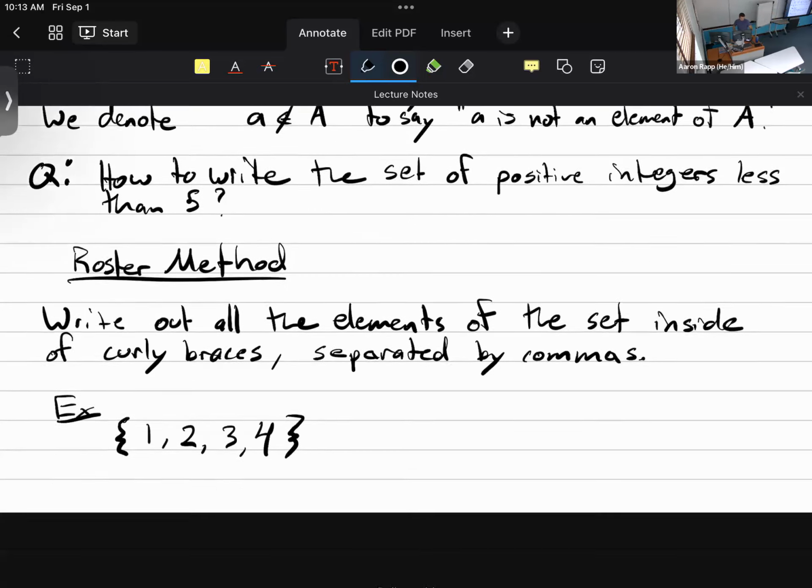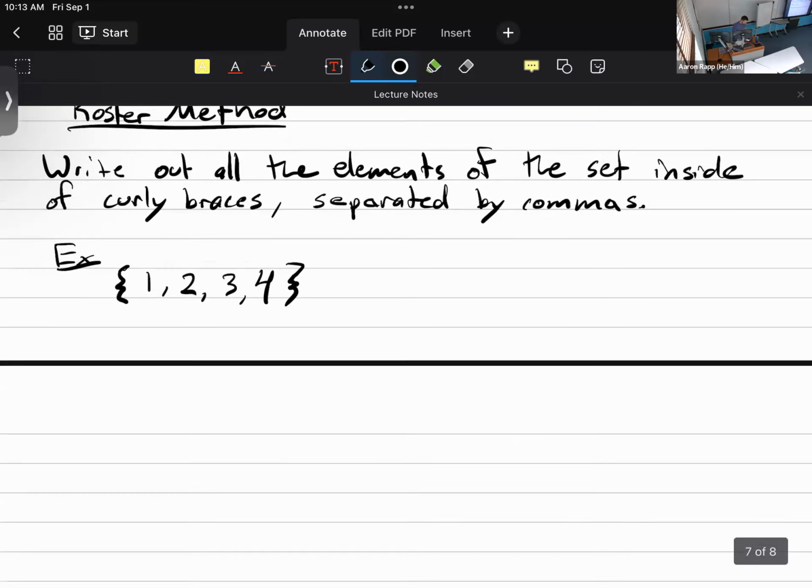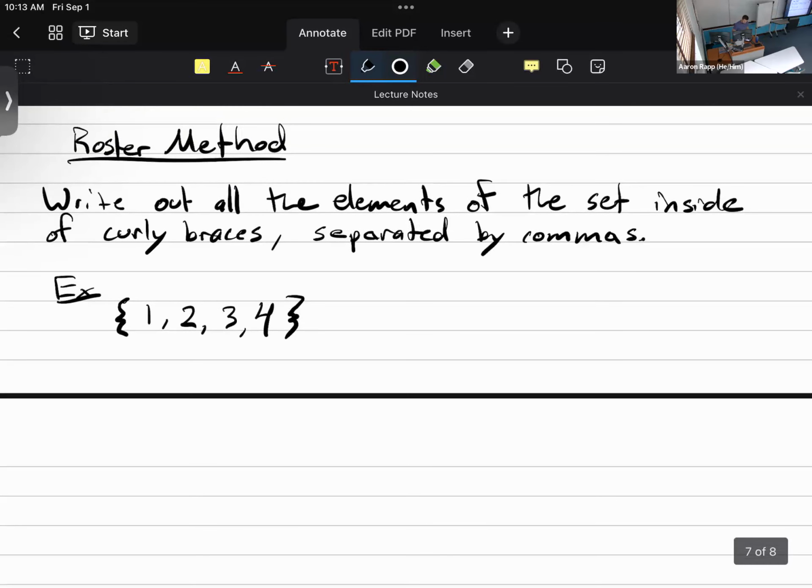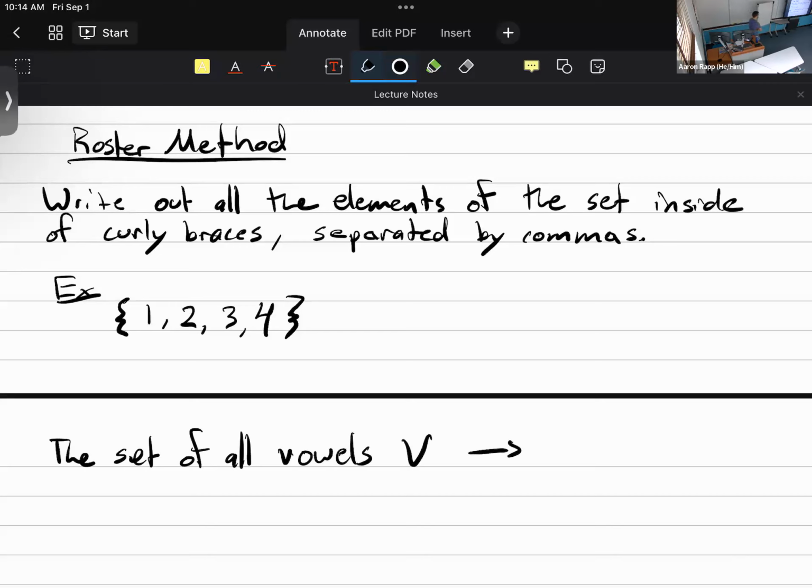Well, that's not the only way we can do the roster method. Say I want you to write out the set of all vowels, which we're going to call a capital V. How do I write this out in roster method?